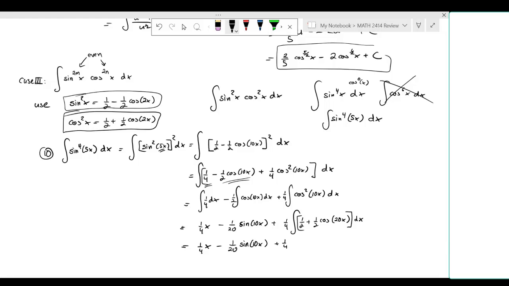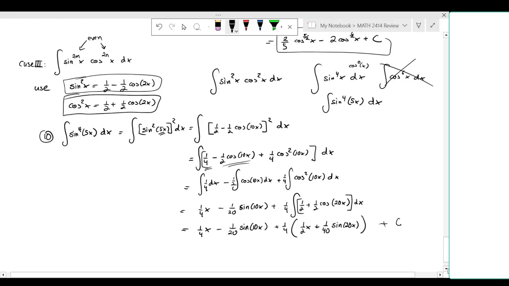Okay. And I guess I could add plus c. And if we'd like, we could simplify that by distributing and combining the sines and the cosines.